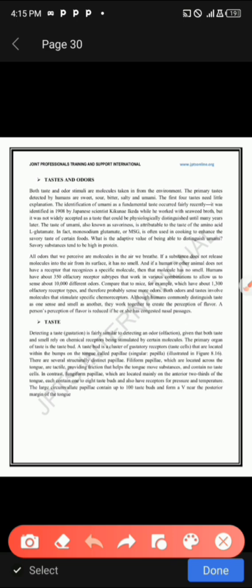If not, it would have no smell, it would be ordinary air. And if a human or an animal does not have a receptor that recognizes specific molecules, then the molecules have no smell.